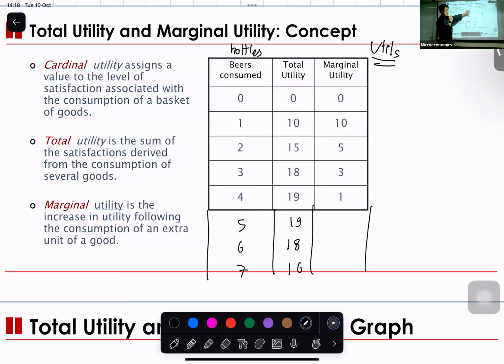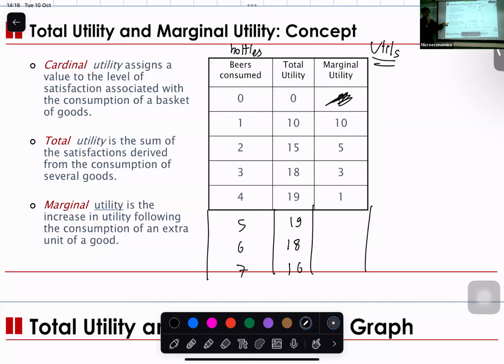First row, no beer, no happiness, 0 utils. Let's check. 1 bottle delivered 10 utils. If he finished 2 bottles together, TU is 15 utils, and so on and so forth. That's the second column. We call it total utility.